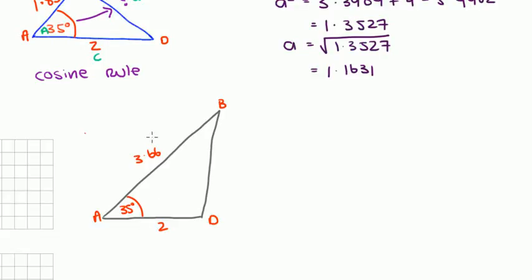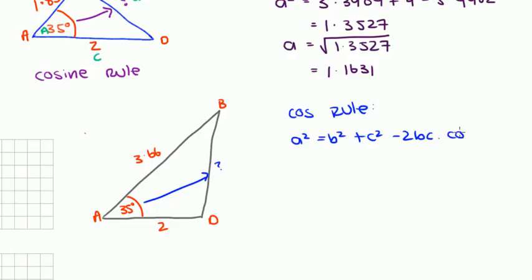When I have an angle in between two sides, and I'm looking for the side that's opposite, I'm using my cosine rule. I label what I have: my angle A, my opposite side a, and we have b and c, and now I substitute in.